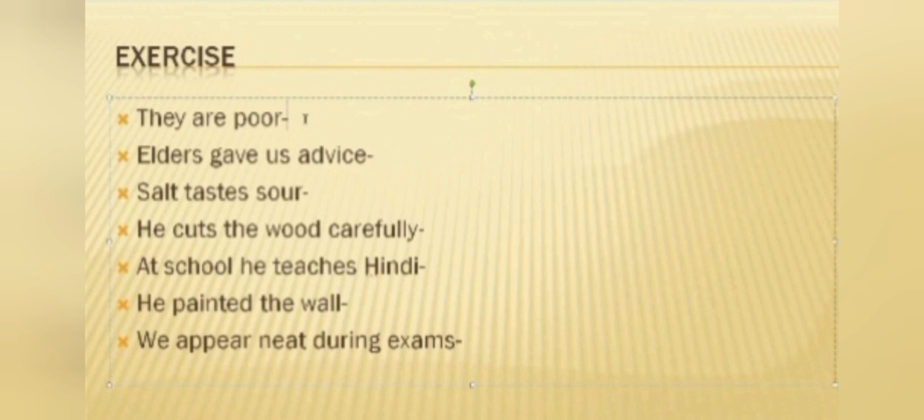The next sentence: At school, he teaches Hindi. Here, at first we have at school. This answers the question where. At school answers the question where he teaches Hindi. So if something answers the question where, then it is the adjunct. As we have studied earlier, an adjunct can happen at any part of a sentence.